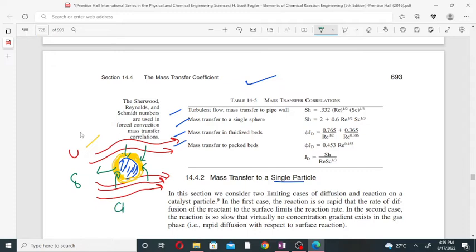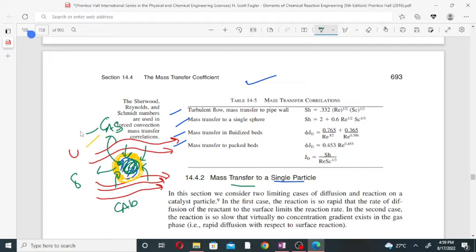The concentration of component A in the bulk flow is CAB, and the concentration of component A at the surface of the catalyst is denoted by CAS. We have already discussed this type. So, mass transfer to a single particle: mass is transferring from the flow to the surface of the catalyst.